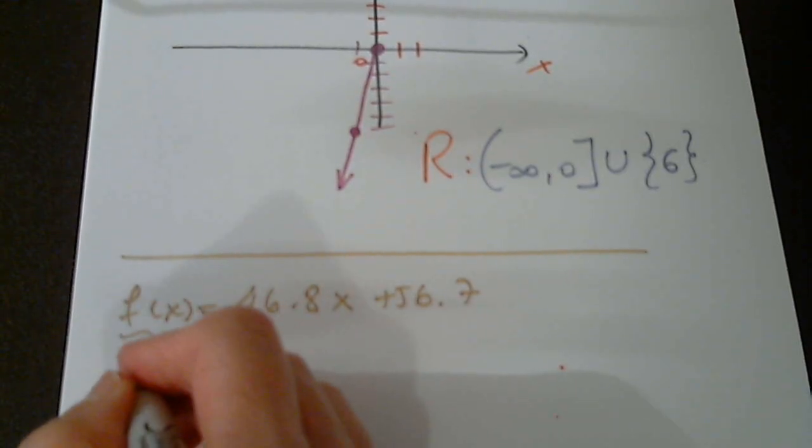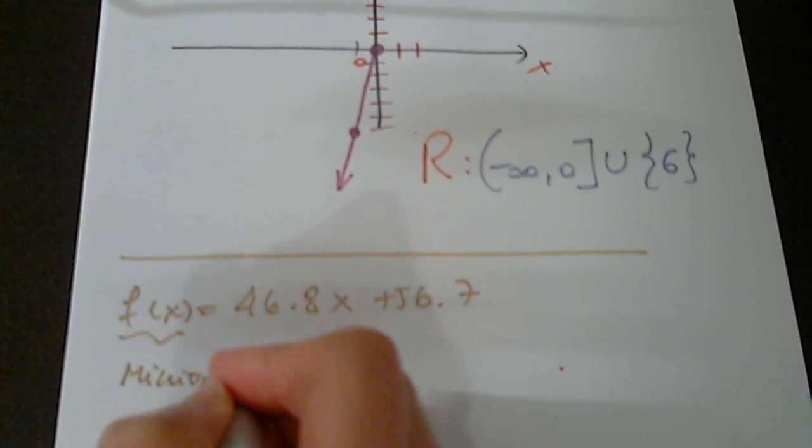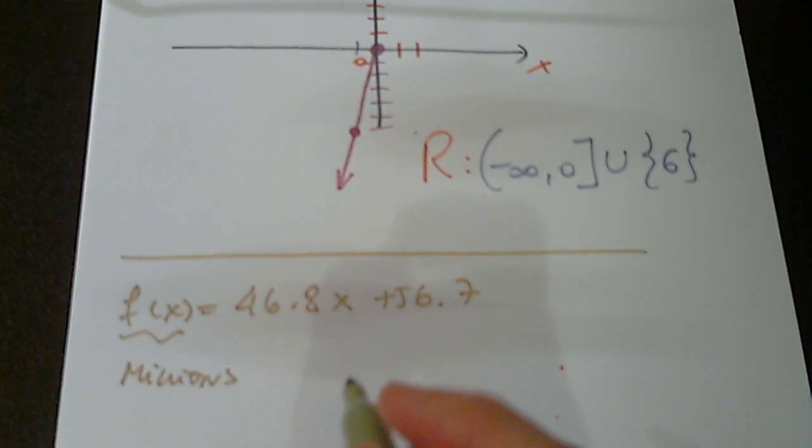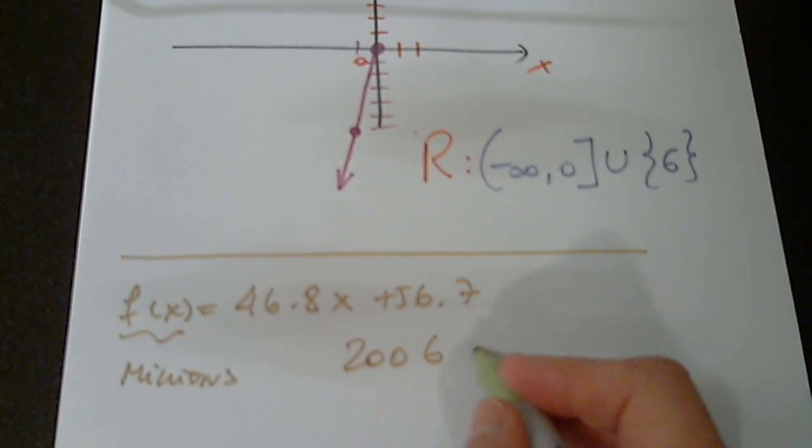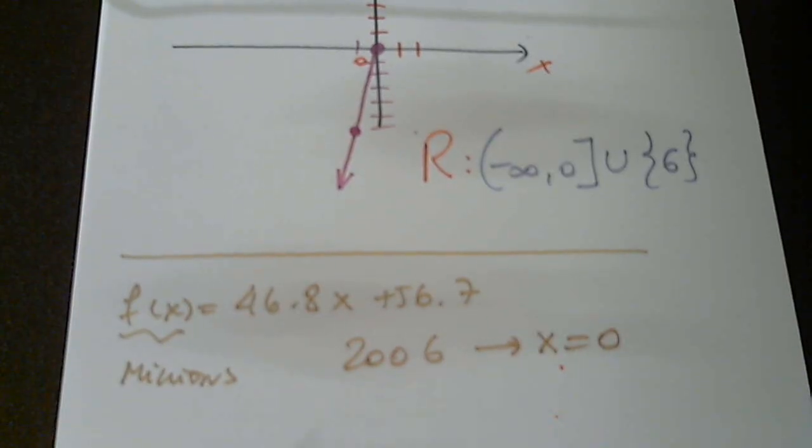So this is millions. And x is years after 2006. So when I see something like that, I will write immediately 2006 represents x equals 0. Very important.